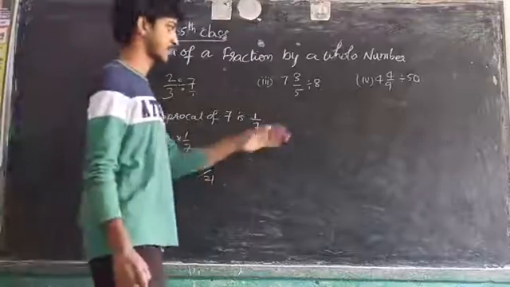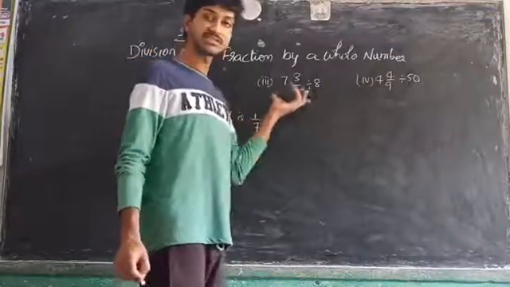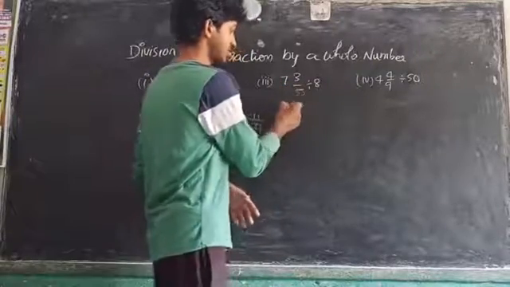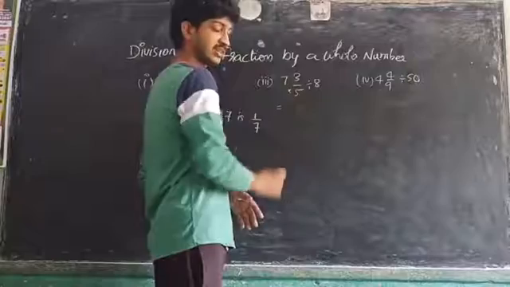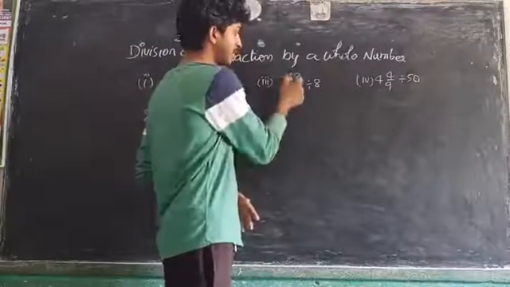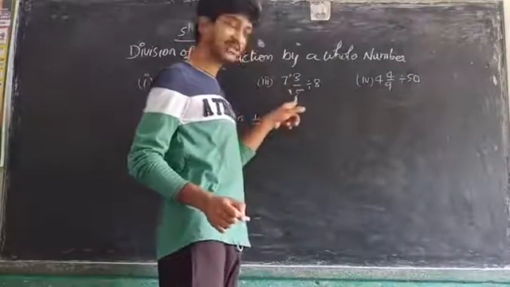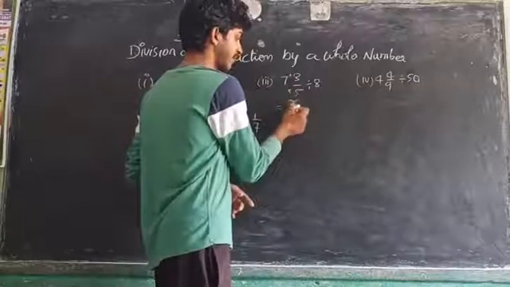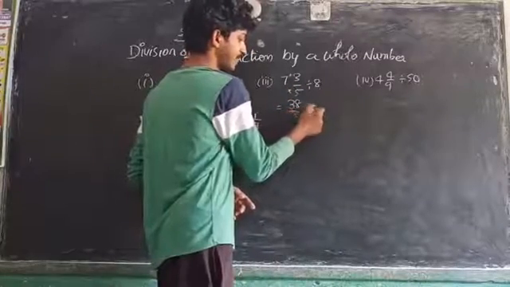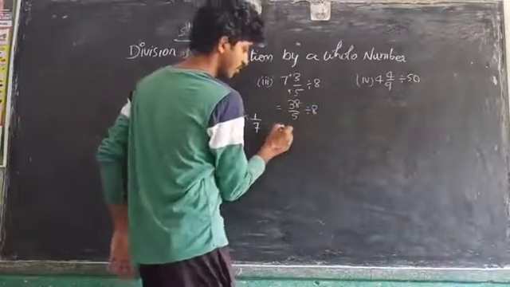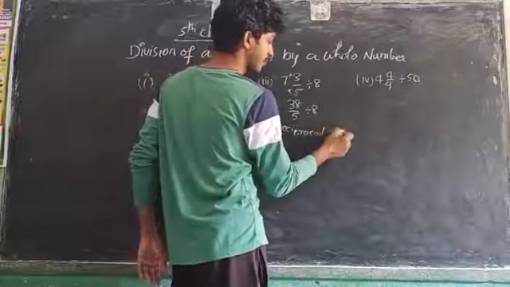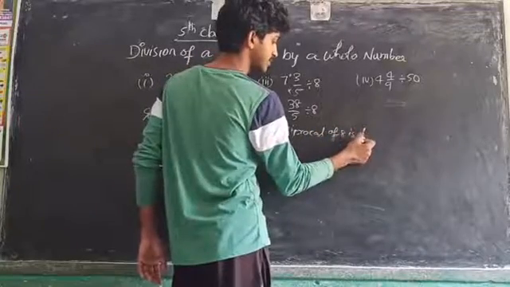Okay children? See here, a mixed fraction is given, so convert this mixed fraction into an improper fraction. So 5 threes, we have to multiply these two now and then add this one. So 7 fives are 35. 35 plus 3, 38 by 5 divided by 8. So now write the reciprocal of 8. Reciprocal of 8 is 1 by 8.